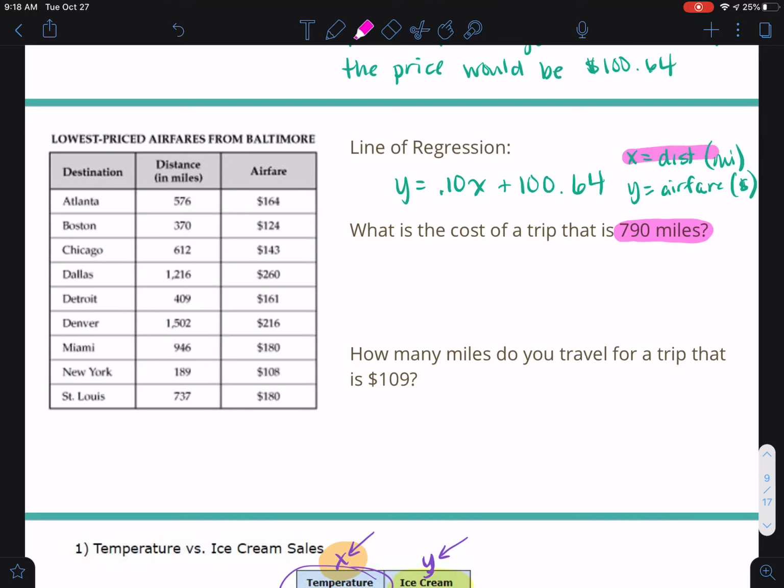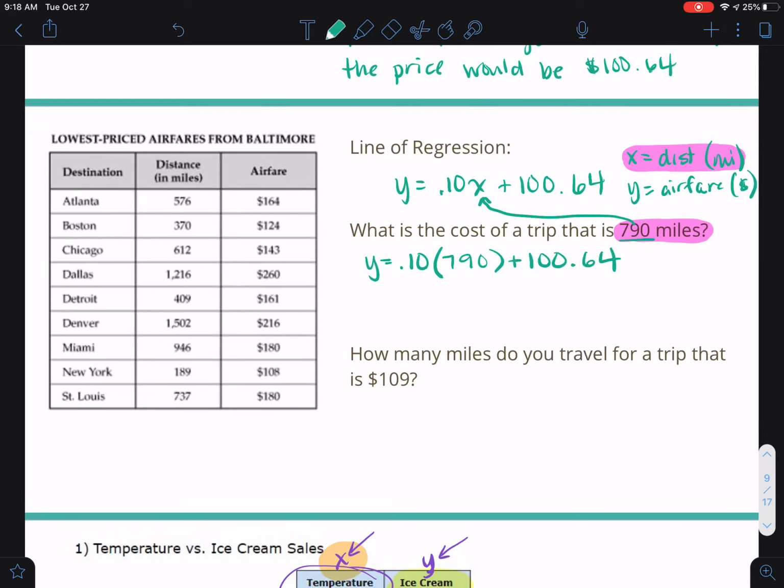Miles are the x value, so miles are what I plug in. Airfare is what I get out. So I'm going to plug 790 miles into x, and say y equals 0.10 times 790 plus 100.64.